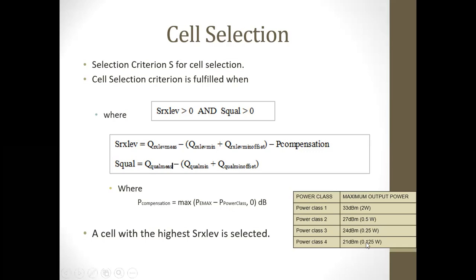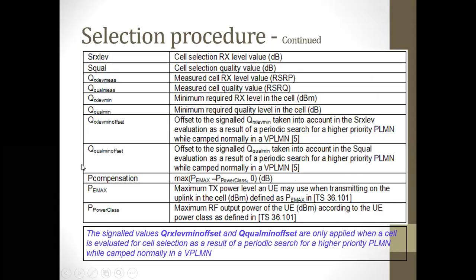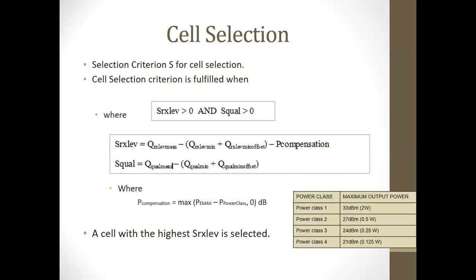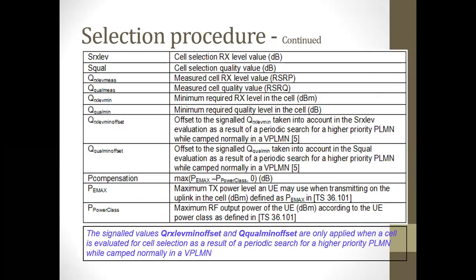If it is the other way around, then we need to subtract. Now the offset part is something we'll discuss later. Actually, that is to bias the UE, for a purpose we will discuss later.